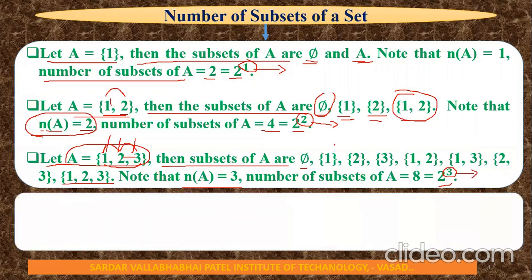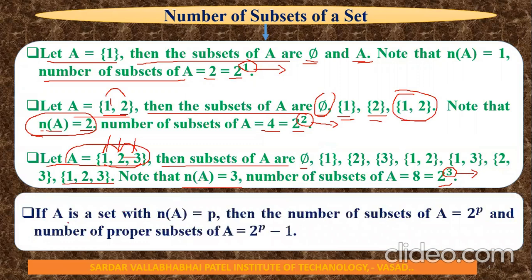So in general, if a set A has P elements, then the number of subsets of A is 2 raised to P. And the number of proper subsets of A is 2 raised to P minus 1.